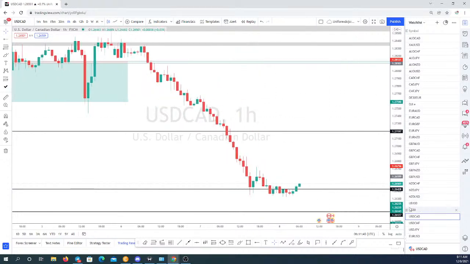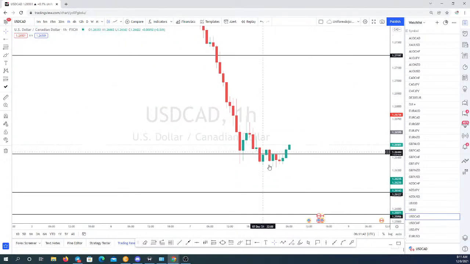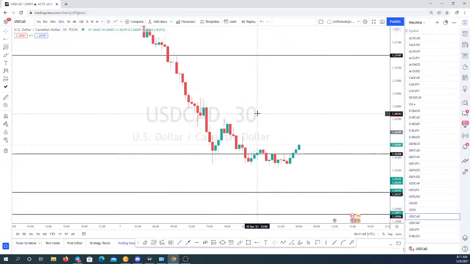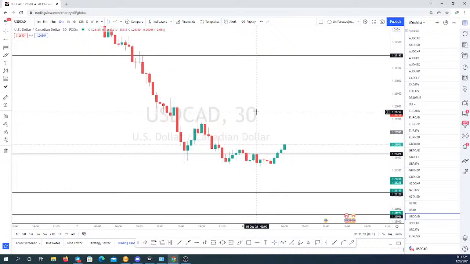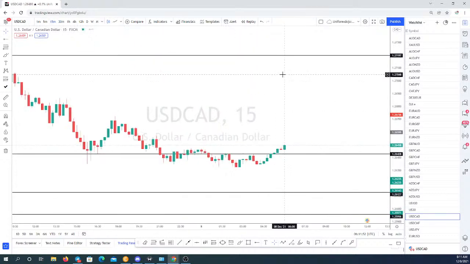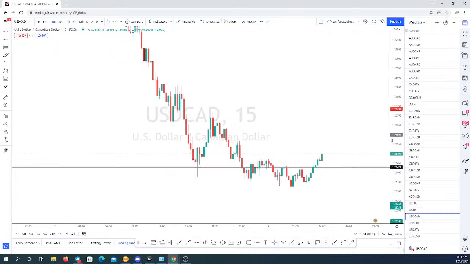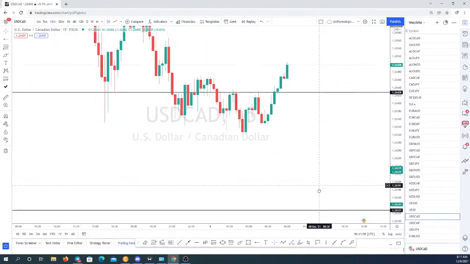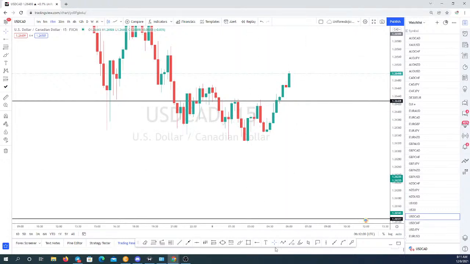And then when you look at the hourly, there is a dramatic drop. So I actually don't think I'd want to be catching any falling prices. I'd want to watch what it does after this massive drop, because you can see now when you drop lower to the 15-minute, we do see a bit of structure forming, leaving something along the way.